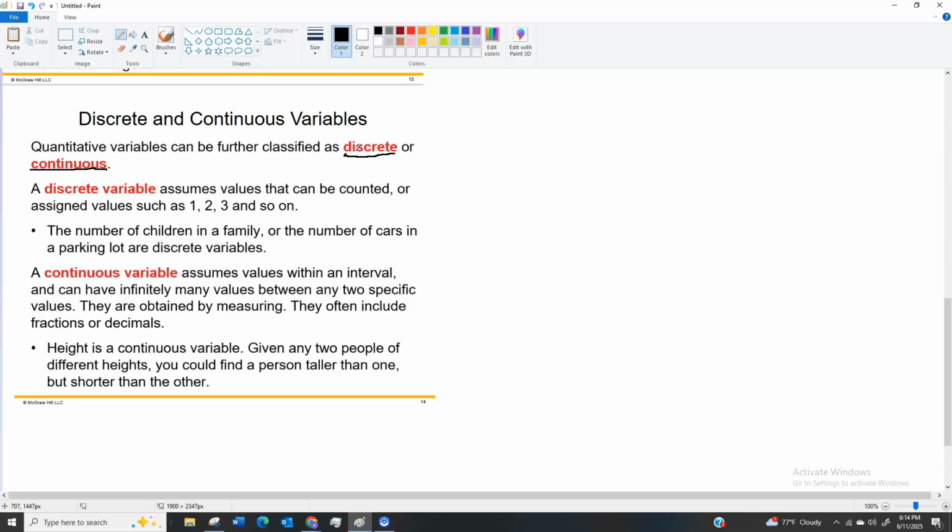This one's a little bit harder to tie back to what discrete means, but in this case, discrete means it has to have a countable value, like 1, 2, 3. It actually can technically have negative numbers, but it doesn't often. So you can kind of think of it as counting numbers.